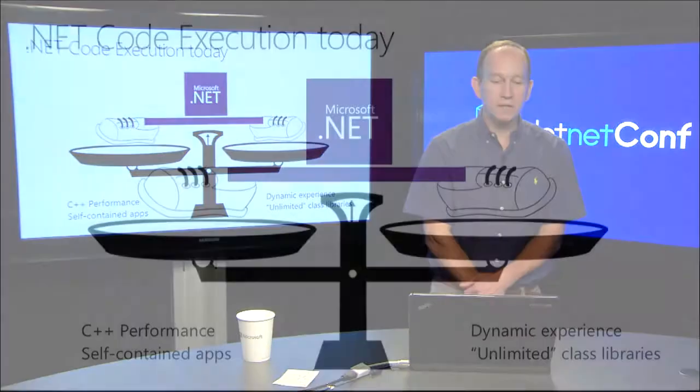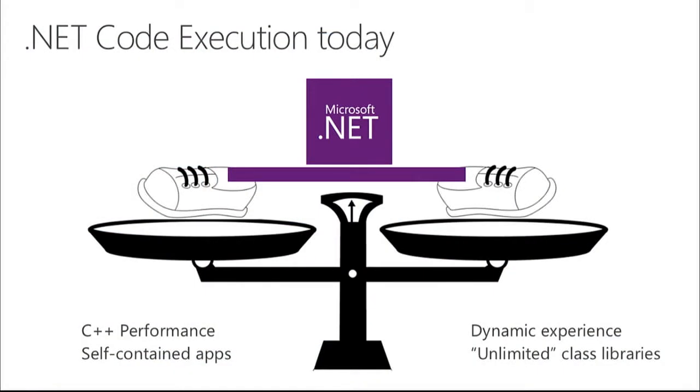So .NET code execution today. Currently in the big .NET Framework, we've got a JIT and NGen, which is built upon the JIT. The JIT does the lazy code compilation, and NGen does the optimistic install-time code compilation. .NET kind of sits right there in the middle and spans both experiences. If you need the better performance that you can get from pre-compilation, or the lack of the JIT compile time at your app startup, then you can run NGen.